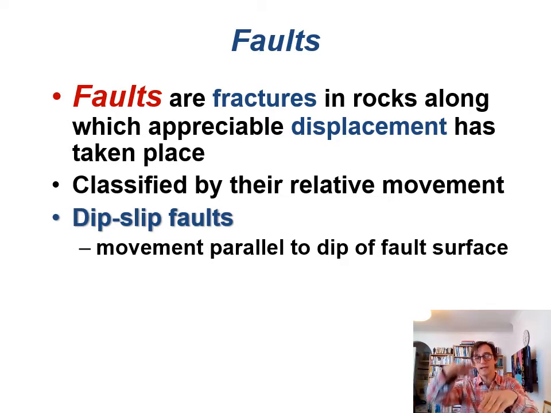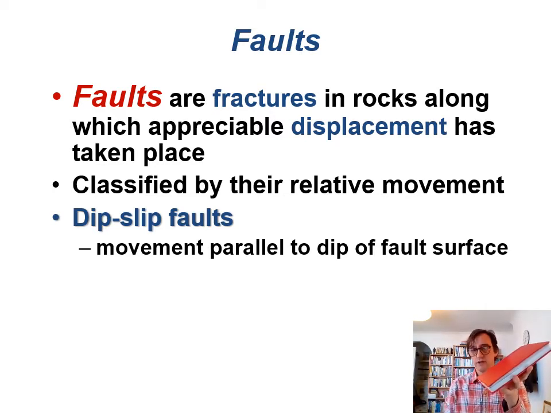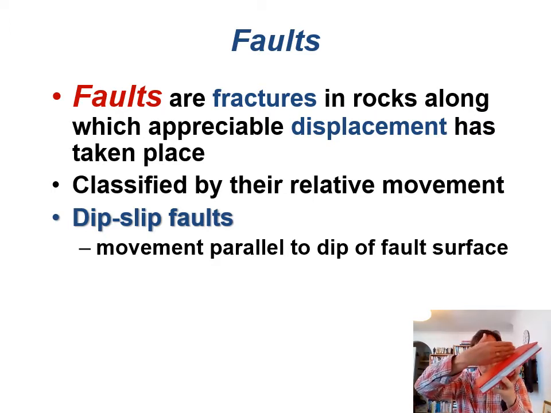If there's vertical displacement, either up or down of one side of the fault plane, they're called dip-slip faults, so the movement is parallel to the dip of the fault. The dip of the fault: if you have a flat surface underground, essentially a crack in your surface, it's usually inclined. The dip is simply the angle pointing down.